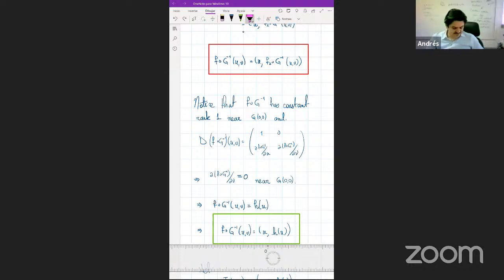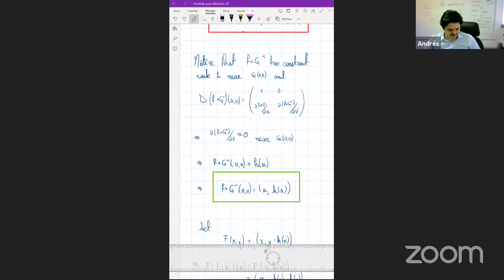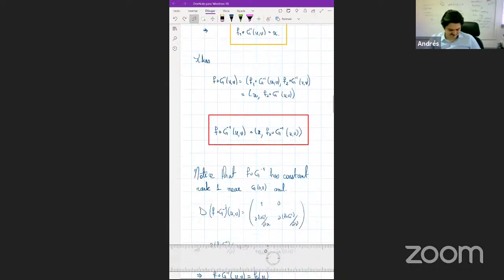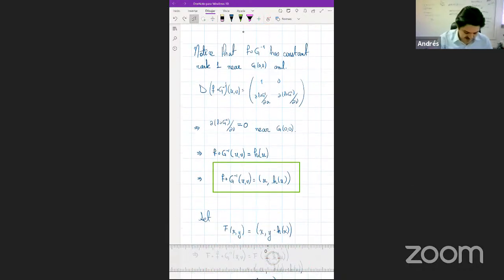Then I'm rewriting the red square and the green square. It's the same equation. I'm just renaming the second entry. That's all. And then we are done. I made a mistake here. I don't want to call it F because I said that F was G inverse, so let me call it F0.